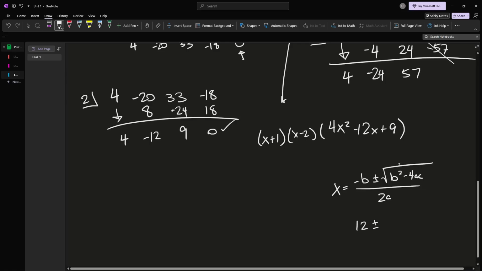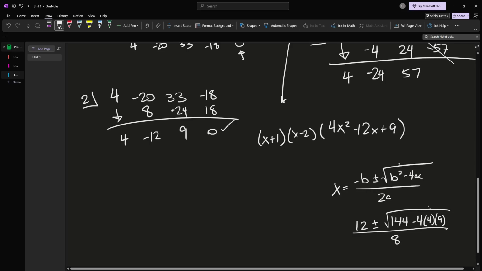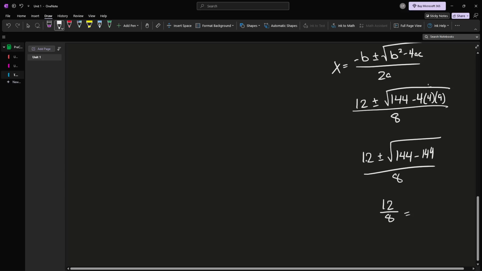So 12 plus or minus the square root of 144 minus 4 times 4 times 9, all over 8. 12 plus or minus the square root of 144, since 16 times 9 is 144, over 8. 12 over 8 gives me 3 over 2, 3 halves.